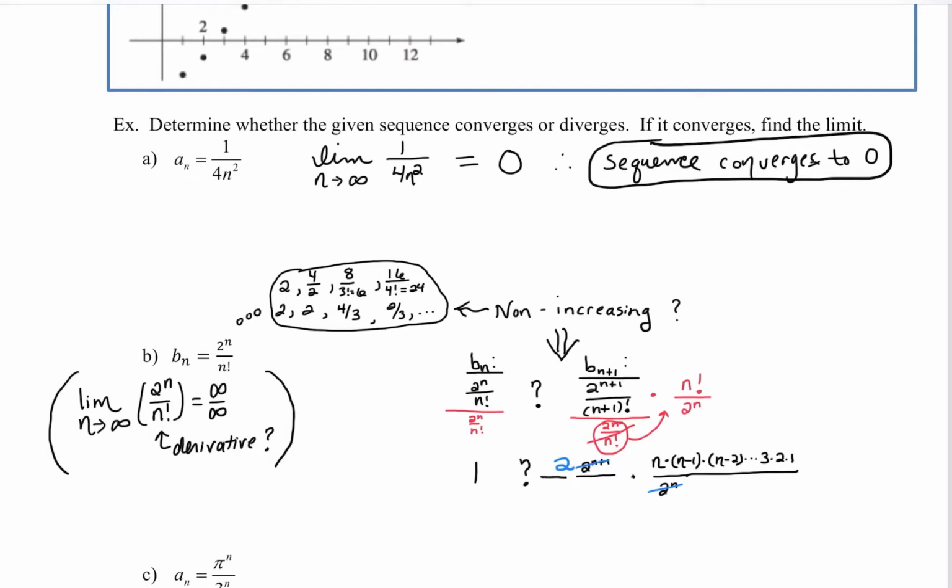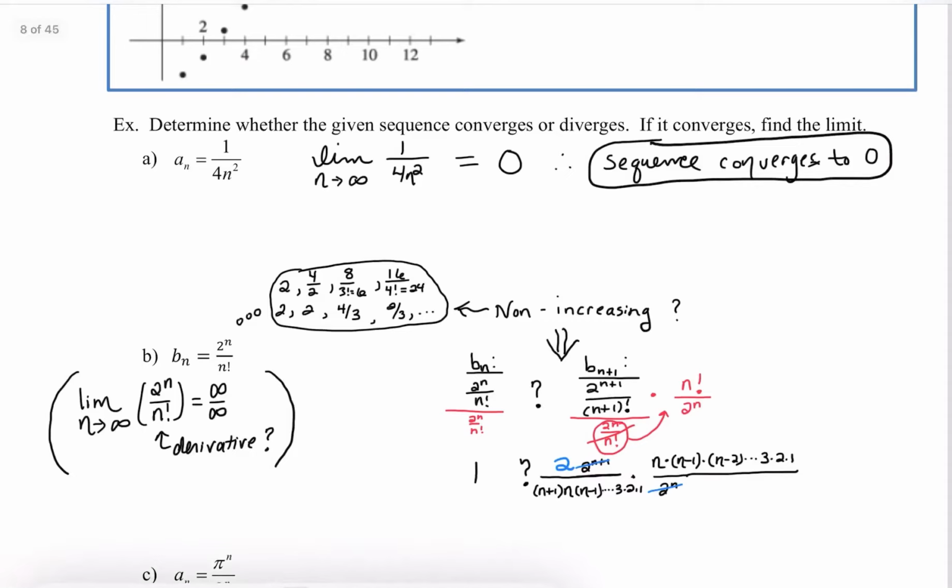Now, in a similar way, we can expand out n plus 1 factorial. We start at n plus 1, then we multiply by 1 less than that, which is n, and then by 1 less than that, which is n minus 1, and we take that all the way down to 1. And then guess what?